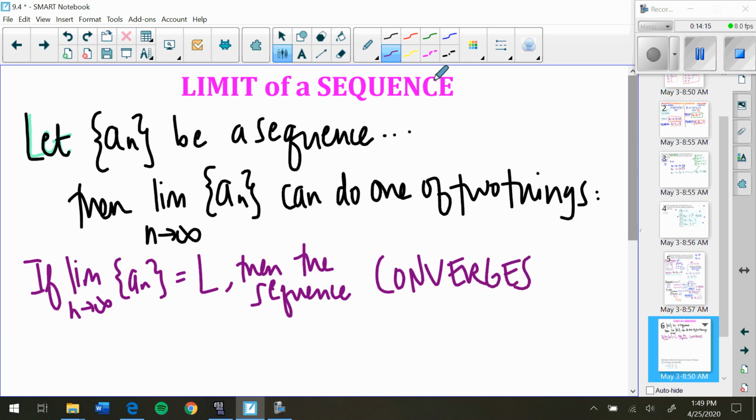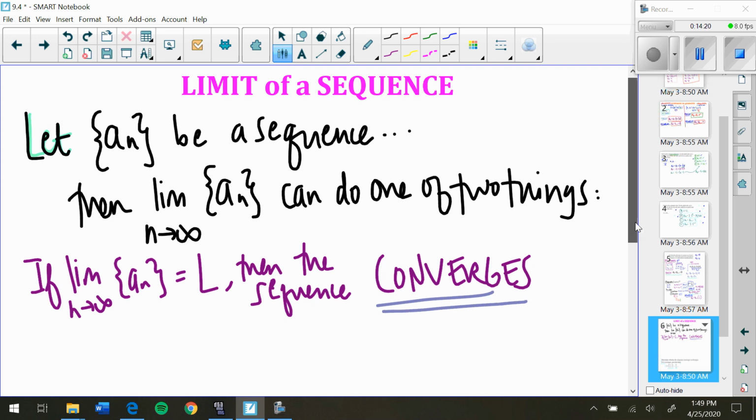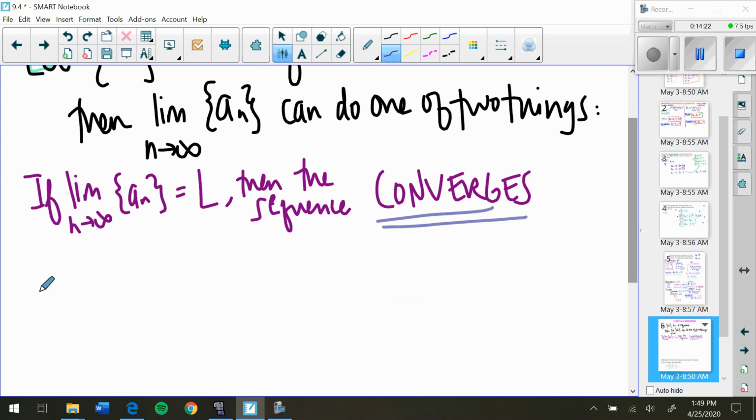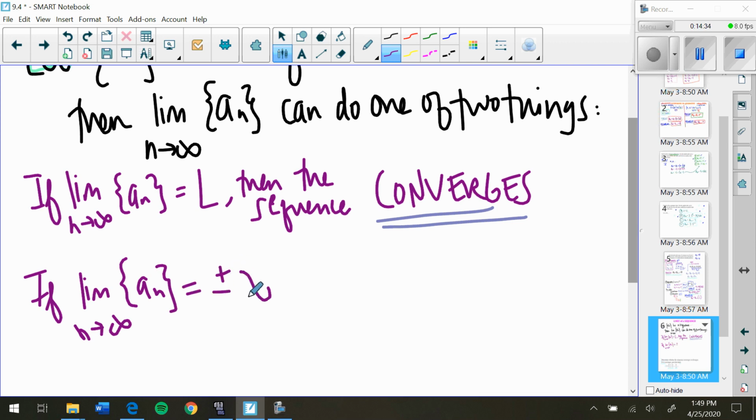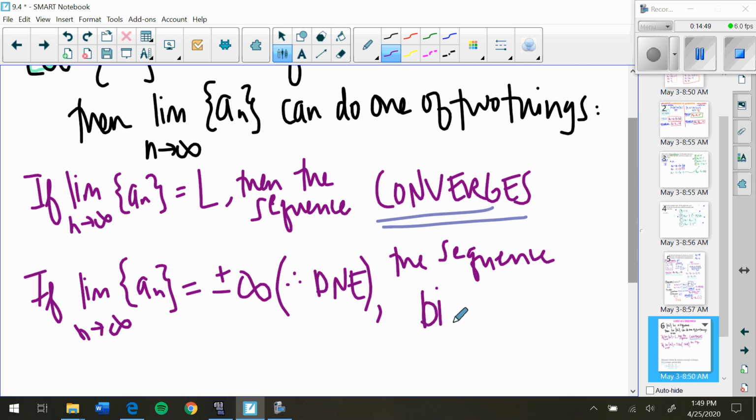And if it doesn't do that, if the limit as n approaches infinity of this sequence doesn't come to just some number, if it actually goes to either positive or negative infinity, which again, therefore, does not exist, then we say the sequence diverges.